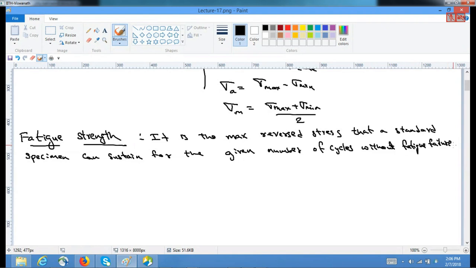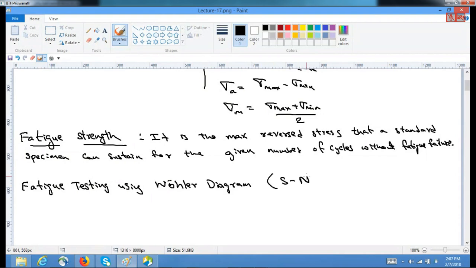And we showed that fatigue strength can be obtained using fatigue testing, using the Wohler diagram, or by testing it we develop something called the SN diagram.